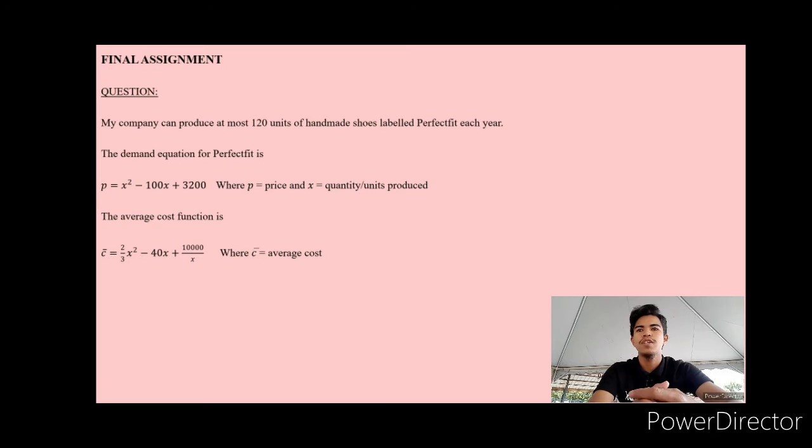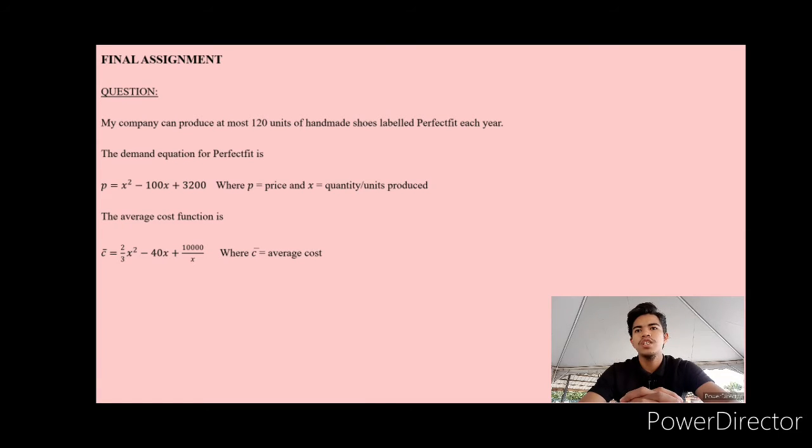Today I want to present question 1 and 2 of the final assignment. First, we see the question: my company can produce at most 120 units of handmade shoes labeled Perfect Fit each year. We are given two functions, the demand function and the average cost function.